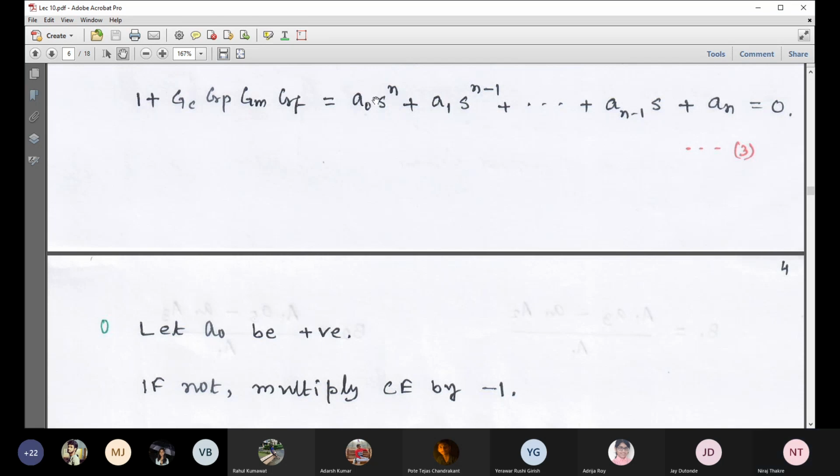We are expecting that this A0 is positive. If it is not positive, to make it positive, we can multiply both sides by -1. I repeat, in equation 3, we want to see A0 as a positive coefficient. If A0 is not positive, we can multiply both sides of equation 3 by -1.